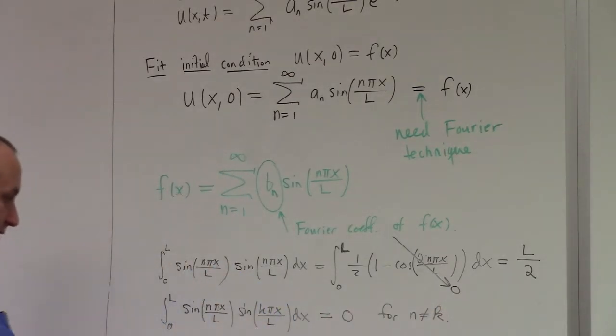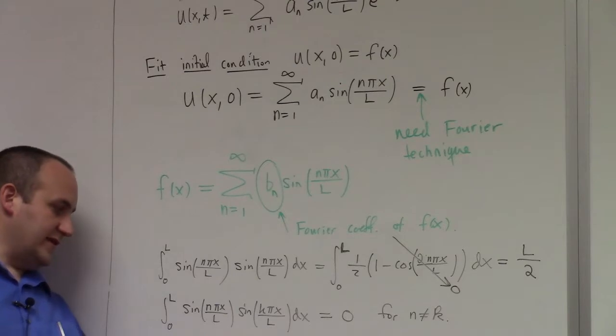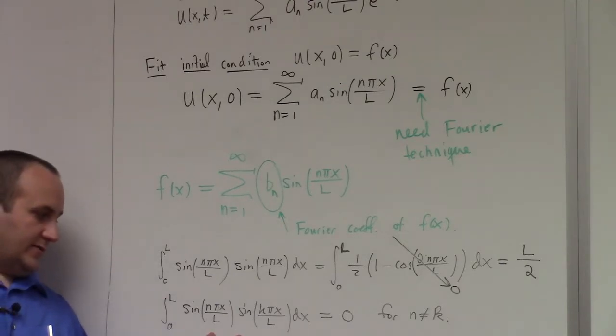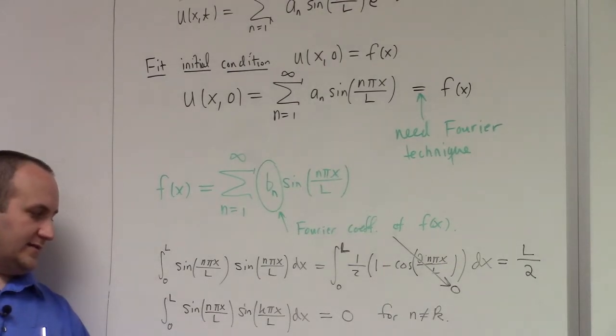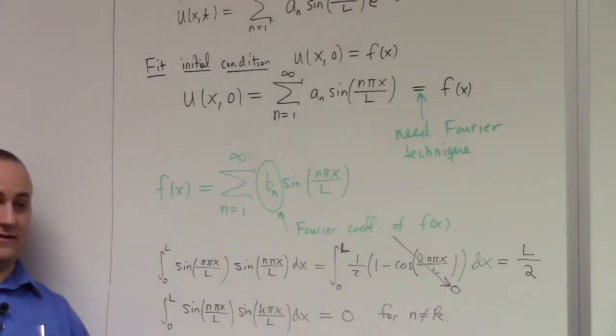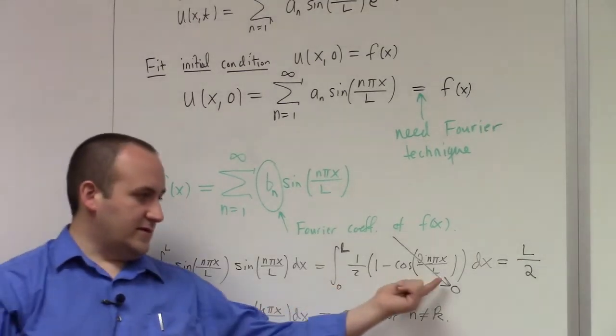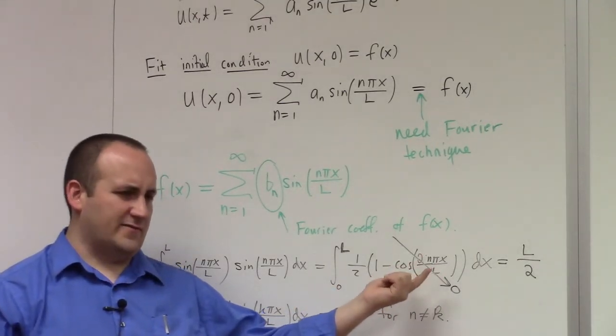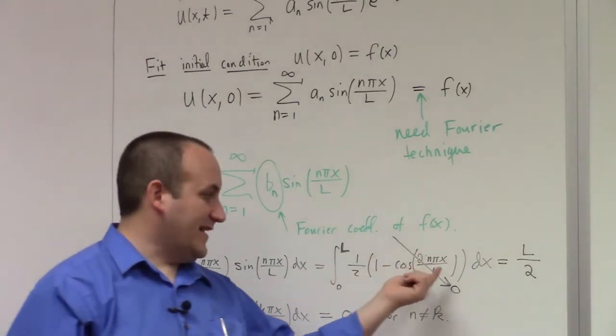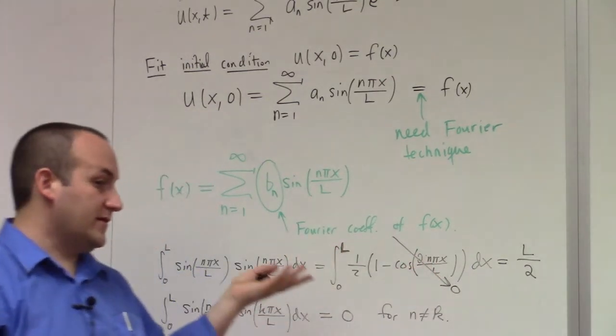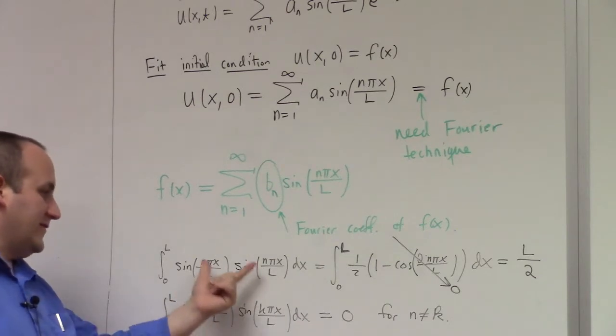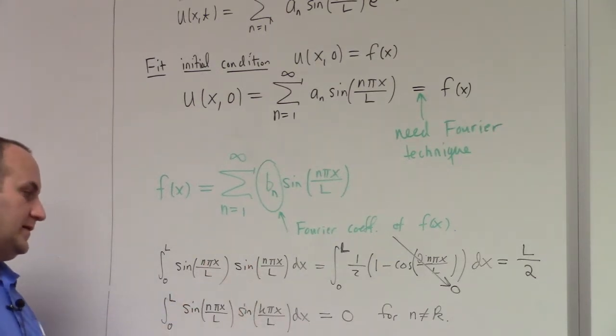There's a trig identity which says this can be written as a sum of cosines of n plus k times pi over L, or n minus k times pi over L. They both integrate to sines of things like this, and so they drop to 0. Only when they're equal do you get something not equal to 0.